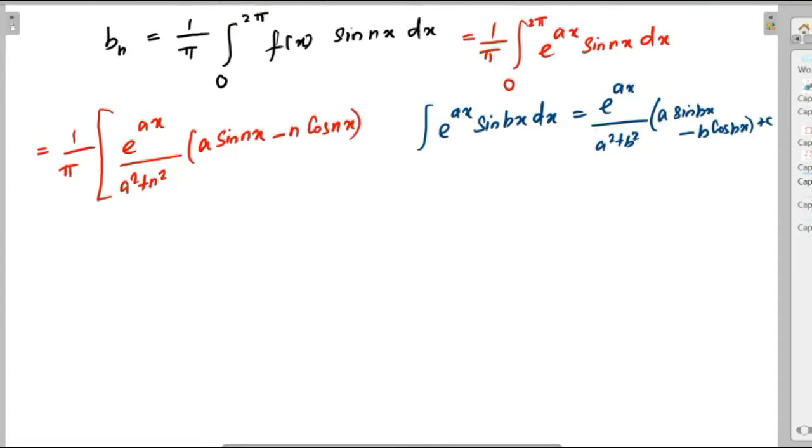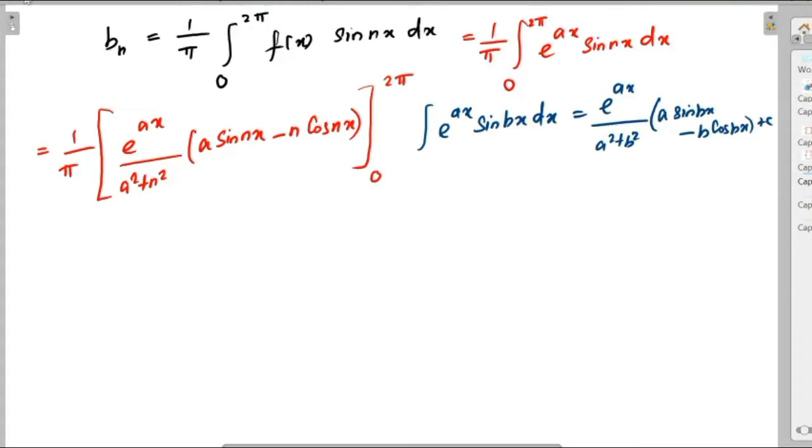So if you want to apply this formula, instead of b you have to put n. So I have substituted b as n, and also after applying this formula you have to substitute upper limit and lower limit.